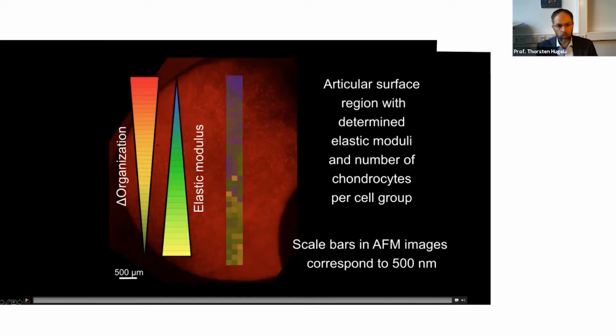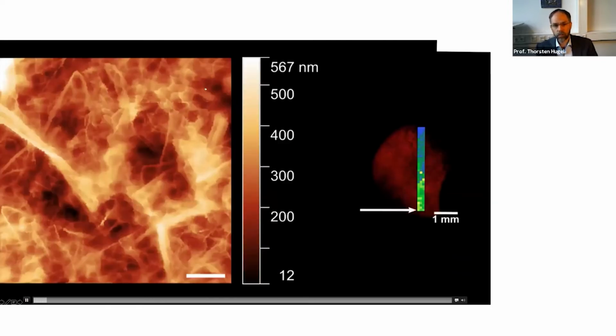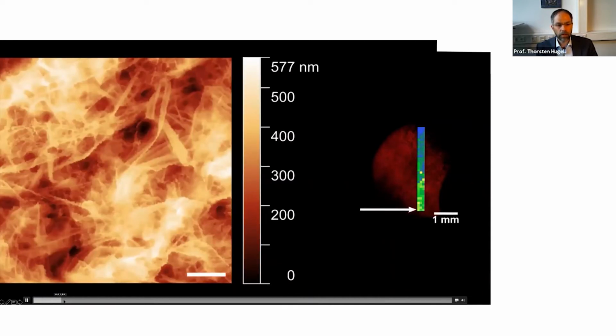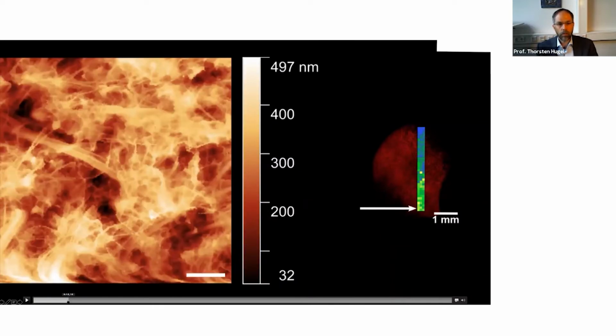I will just move a little bit forward and backward here. So this is the sample from before. You see the organization changes from the bottom to the top. Elastic modulus is reduced. And then you see something like a pretty intact collagen network with also some very thick fibers that are important, we believe.